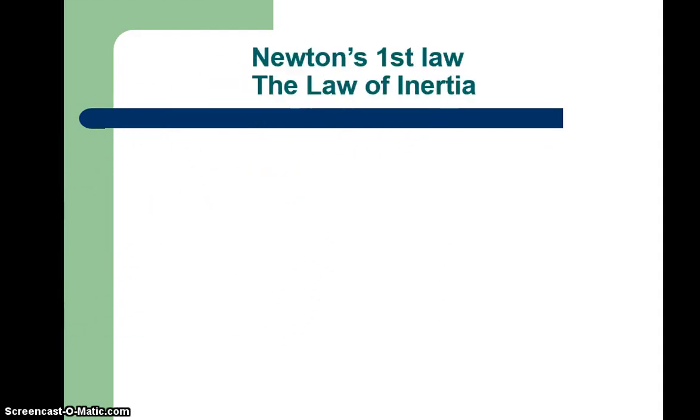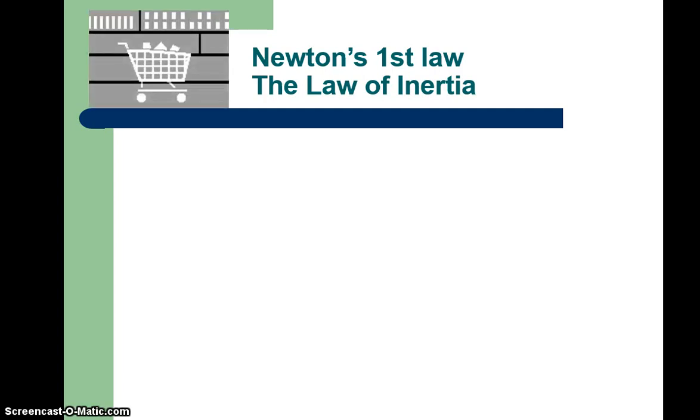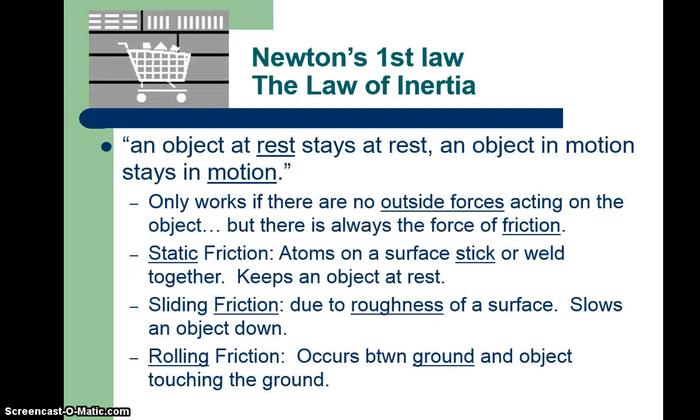So Newton's first law is also called the law of inertia, and it states that an object at rest stays at rest and an object in motion stays in motion, which would be true if there were no outside forces acting on an object. But the reality is that here on planet Earth, there are always outside forces acting on an object, primarily the force of friction.